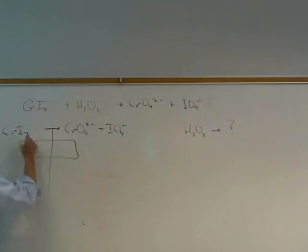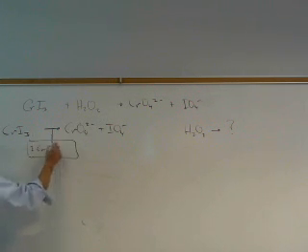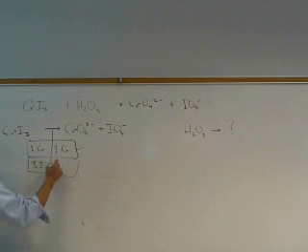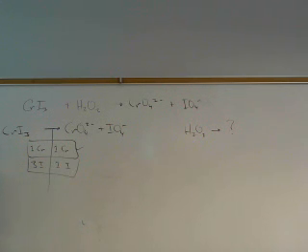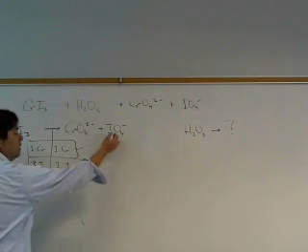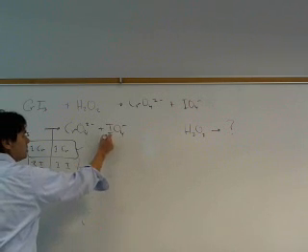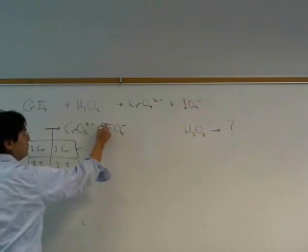We'll start off with chromium. One chromium on the left, one chromium on the right. It's done. And then we'll go to iodine. 3 iodines on the left, 1 iodine on the right. And so what do we need to do? We need to make this I3O4? No. We'll just change the coefficient to 3.